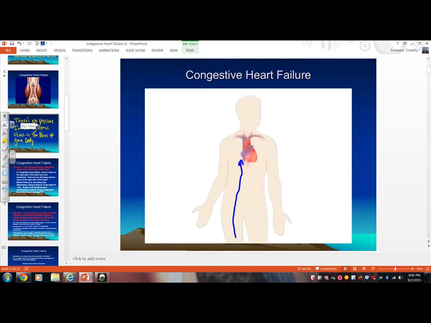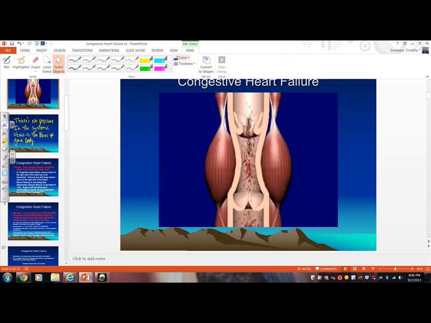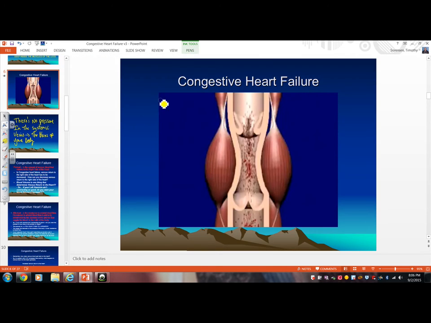The largest veins of your body that store extra blood are deep inside your muscle. What does muscle do? It contracts and relaxes. Veins are unique. Veins, inside them, have one-way valves. These little valves right here.